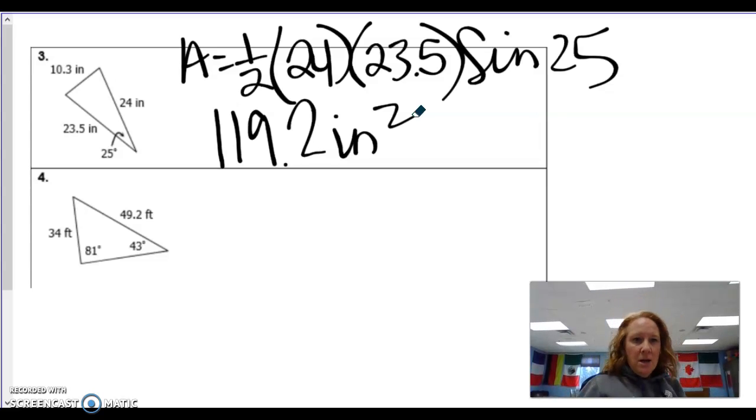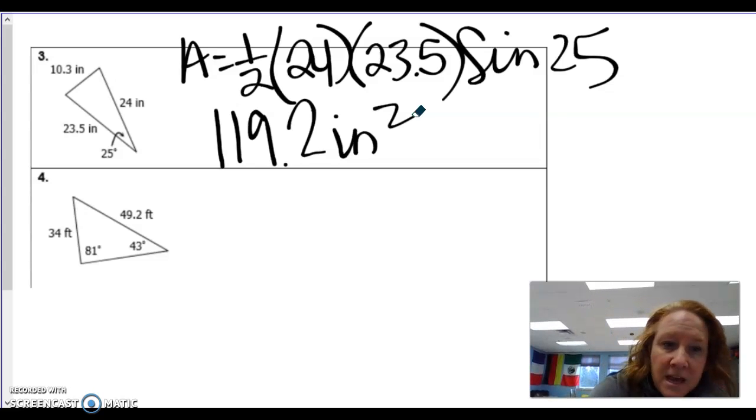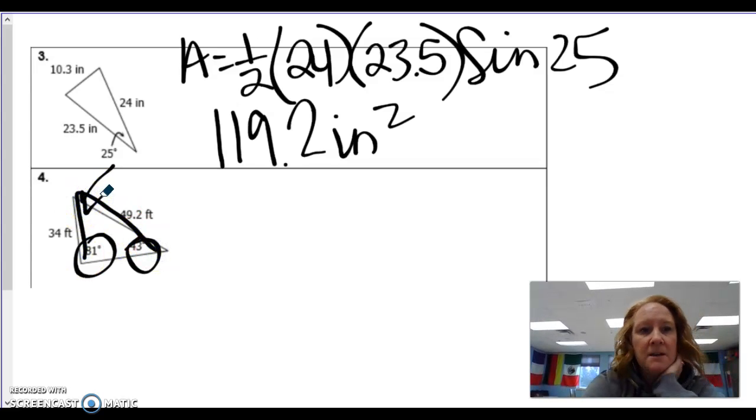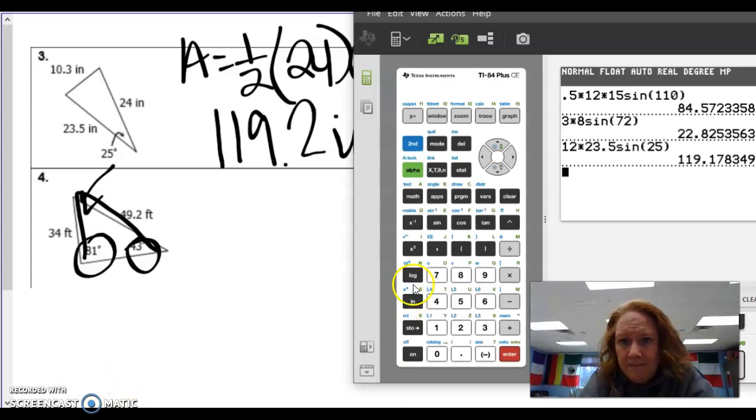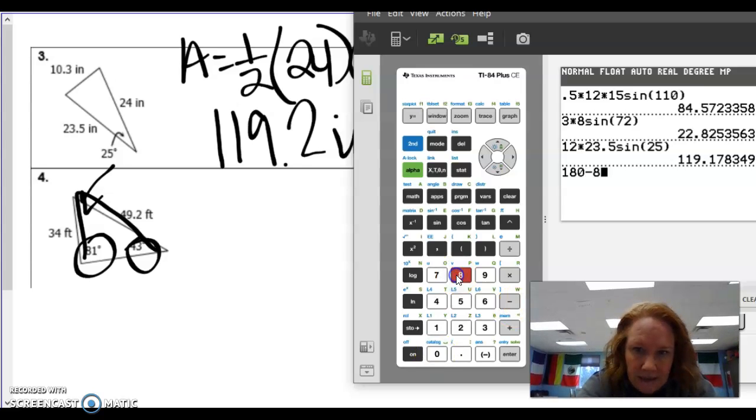Okay, but this one, oh no, I don't know all the angles. But you might have seen before, I forgot to erase it. So I've got 81, I've got 43, but I need that angle right there. If I know how many degrees are in a triangle, yeah, 180 minus 81 minus 43.